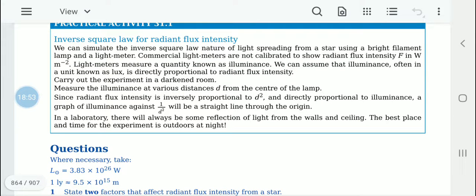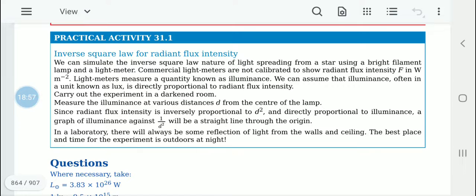Now, the inverse square law for radiant flux intensity is the practical activity that is important. So the scenario is we have a bright filament bulb and a light meter.